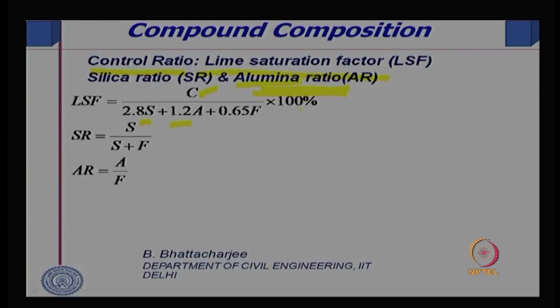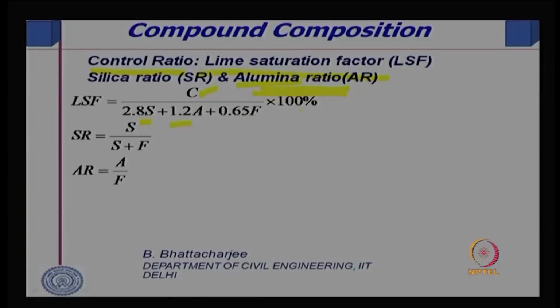So, lime saturation factor is nothing but the ratio of calcium oxide to 2.8 multiplied by the silica content, 1.2 multiplied by the alumina and 0.65 multiplied by the iron Fe2O3, expressed as percentage. Silica ratio is S divided by S plus F, and alumina ratio is A by F.